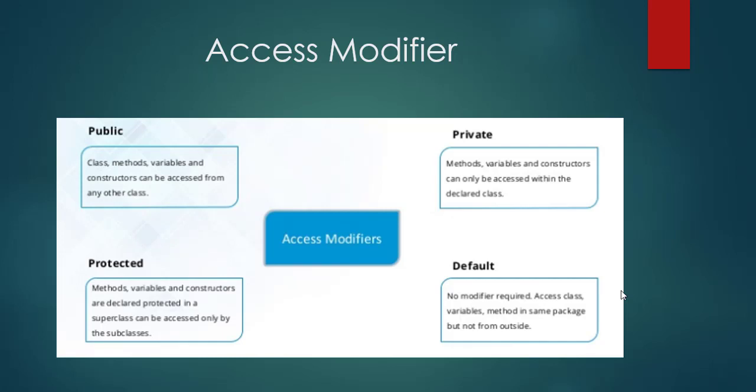So if you create protected variables in the parent class, then it can be accessible from the child class only. Okay, and for default, no modifier is required; you can access classes, variables, methods in the same package but not from the outside. Default is used when you create an instance variable or a static variable.